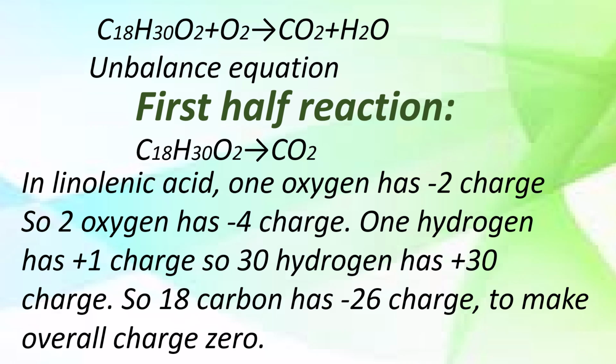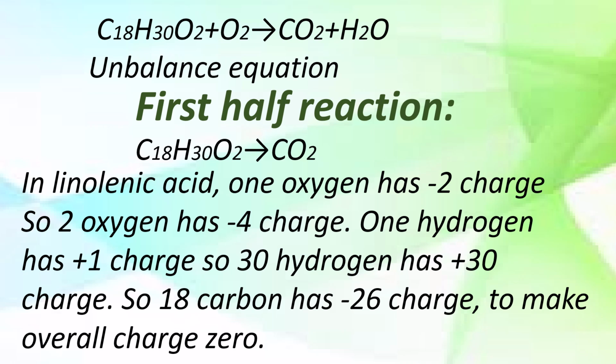C18H30O2. Linolenic acid has 18 carbon, 30 hydrogen and 2 oxygen. It is converting into carbon dioxide. In linolenic acid, one oxygen has -2 charge, so 2 oxygen has -4 charge.